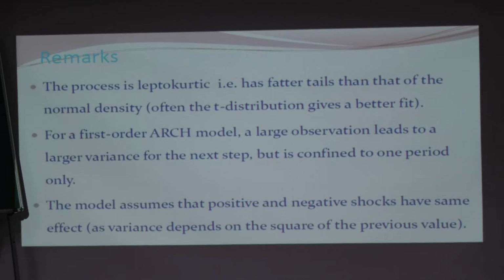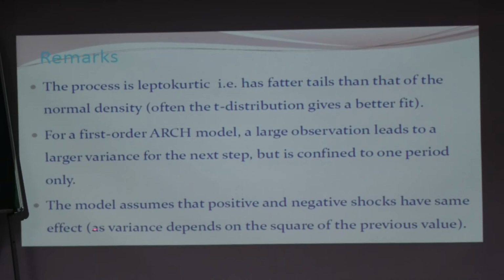I'll come back to this problem in a moment, because why is this important? For a first order ARCH, a large observation leads to a large variance, and obviously it's confined to one period. If it's ARCH(p), a pth order ARCH, it will be confined to p periods.